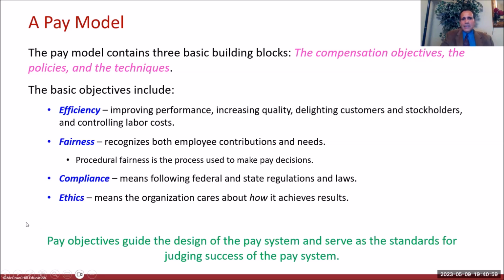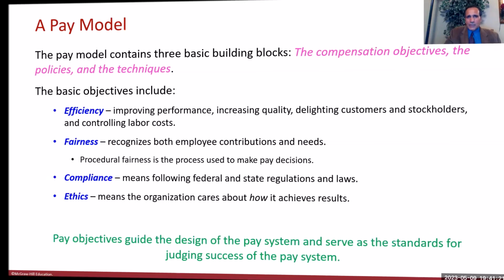Pay objectives guide the design of the pay system and serve as the standards for judging success of the pay system. So the model is a nice comprehensive model. Try to understand every single element of it. It will help you in your research as well as your presentations in the future weeks.